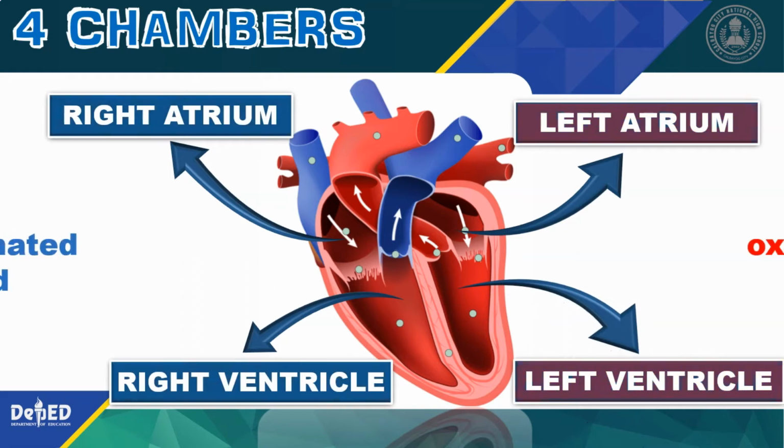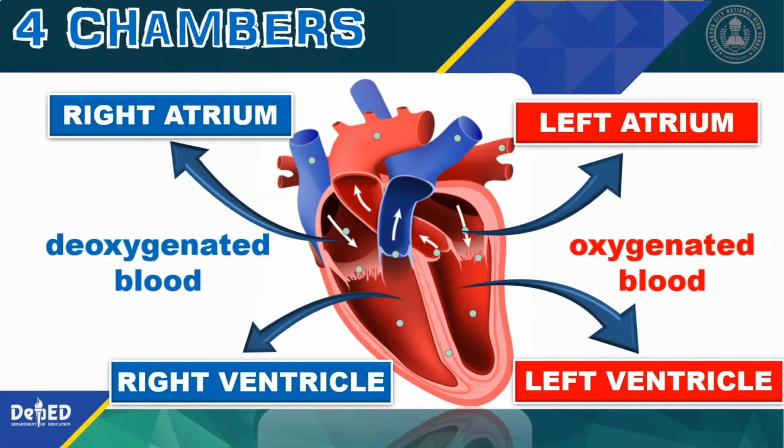The right chambers carry deoxygenated blood or oxygen-poor blood as indicated by the color blue, while the left chambers carry oxygenated blood or oxygen-rich blood as indicated by the color red.